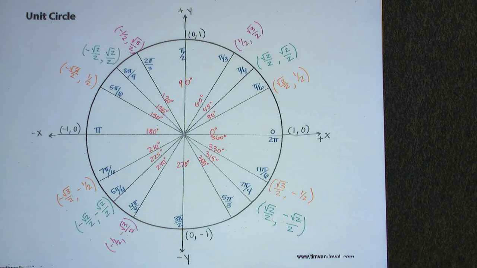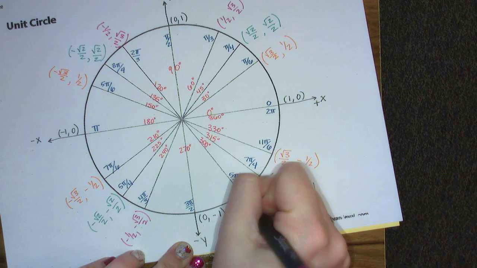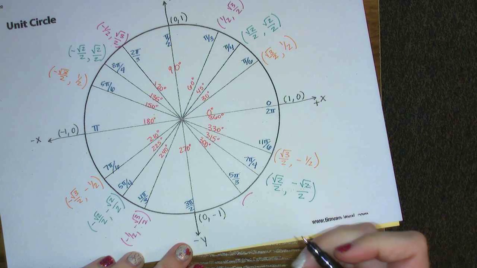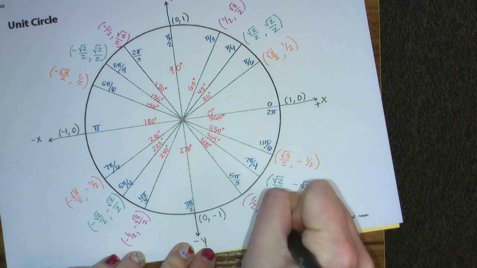It just takes a little bit more to understand the counting. Okay, the last one at 5 pi over 3 is 1/2 and negative root 3 over 2.